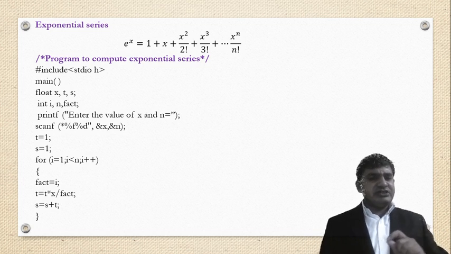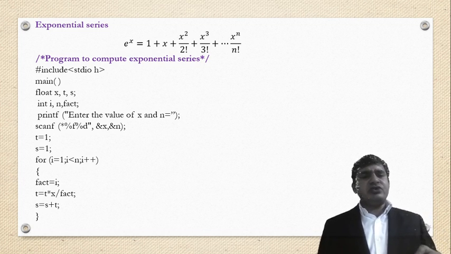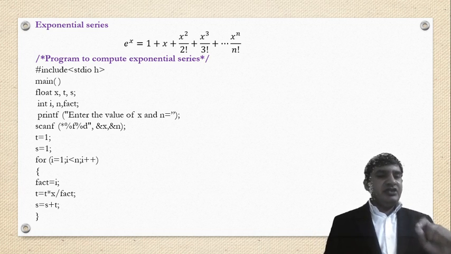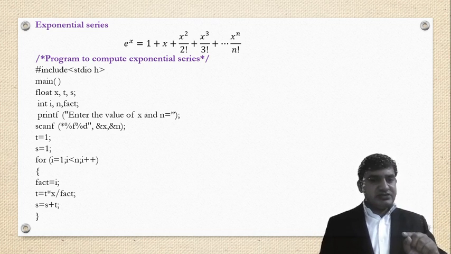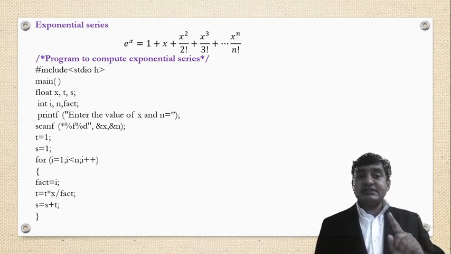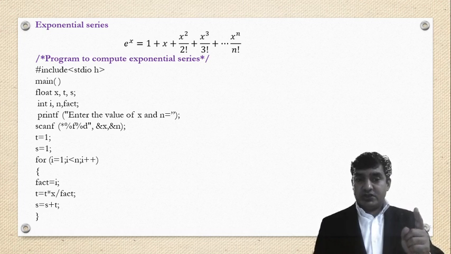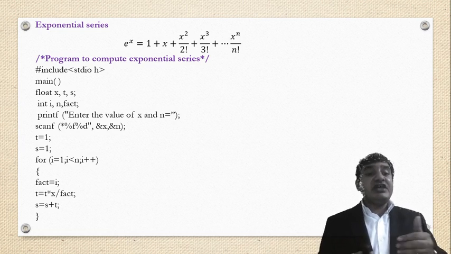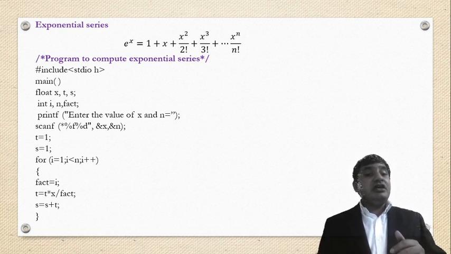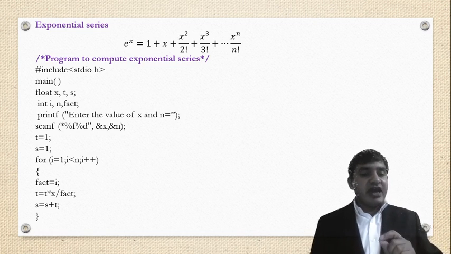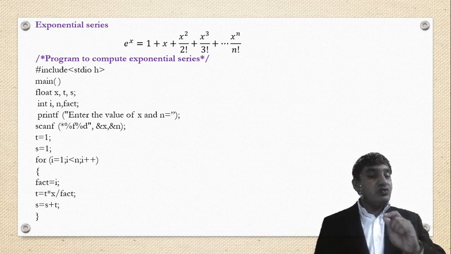Now fact is equal to i. Now t is equal to t into x divided by fact. t is equal to 1, x divided by fact. x is a float. This value of x is entered by the input function scanf, divided by fact, and fact is equal to i.